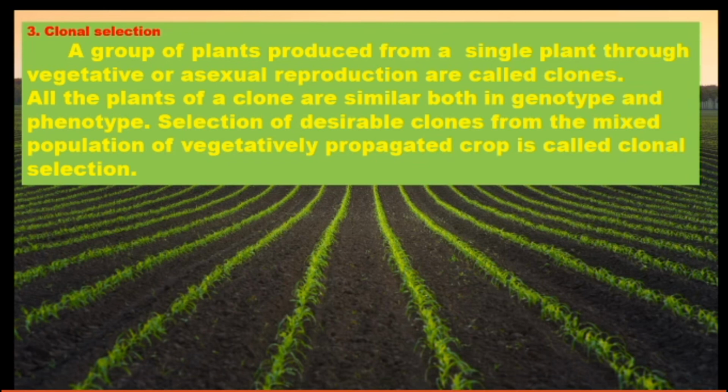All the plants of a clone are similar both genotypically and phenotypically. The selection of desirable clones from the mixed population of a vegetatively propagated crop is called clonal selection. So they will select the good varieties.